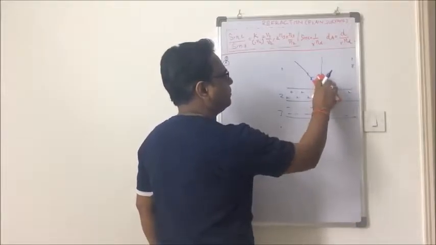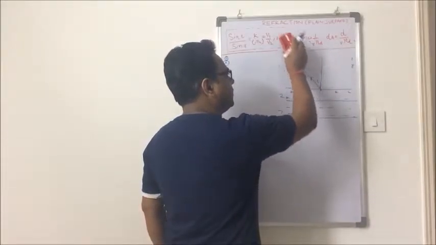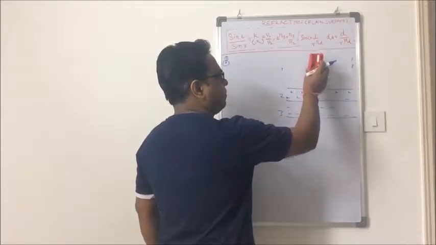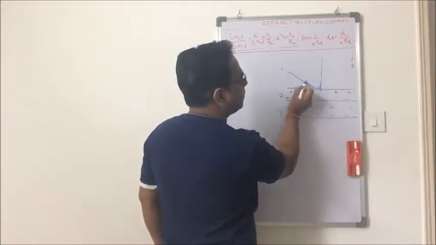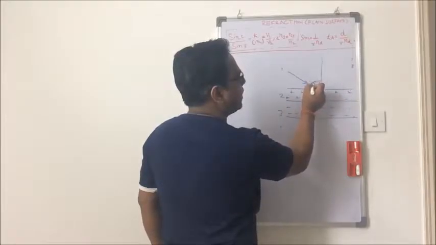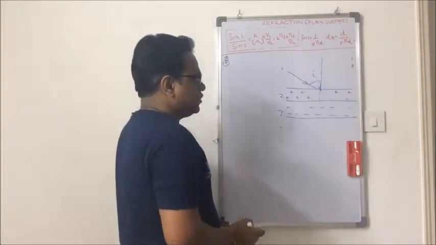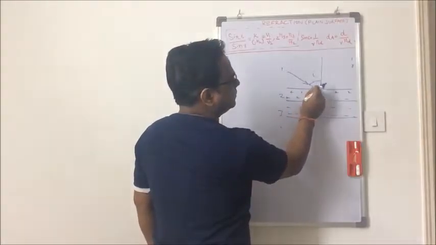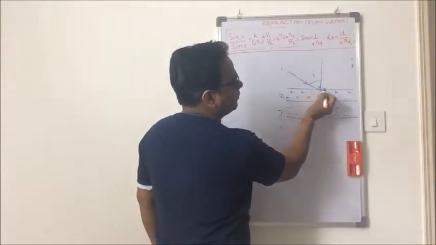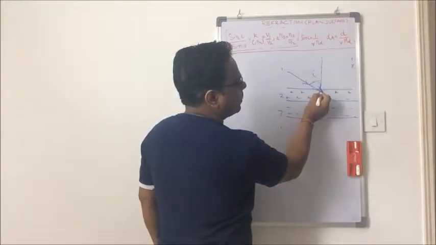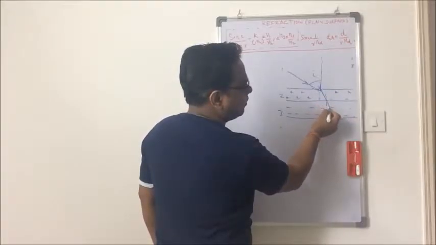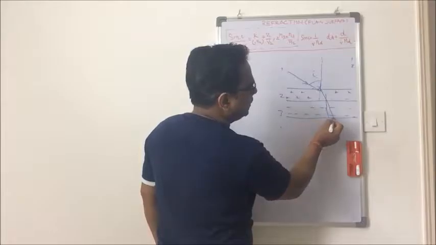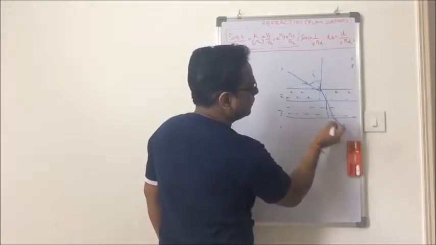So let me draw. Okay, this is your eye. So we'll assume that this reflects here, and then when it falls here, it will again bend down, and then it will go out.